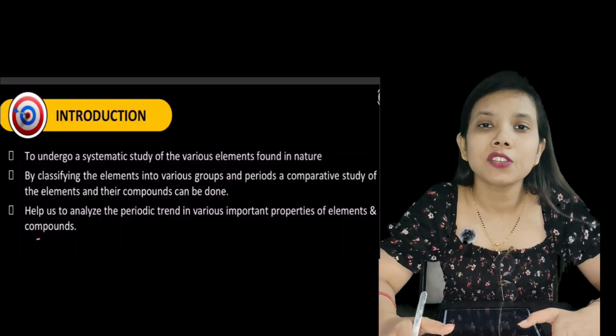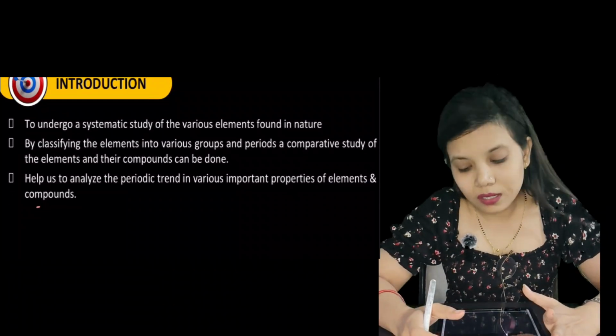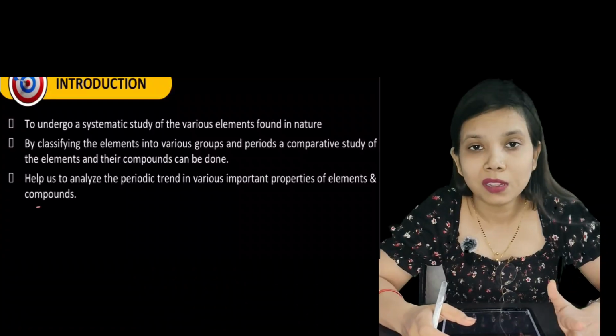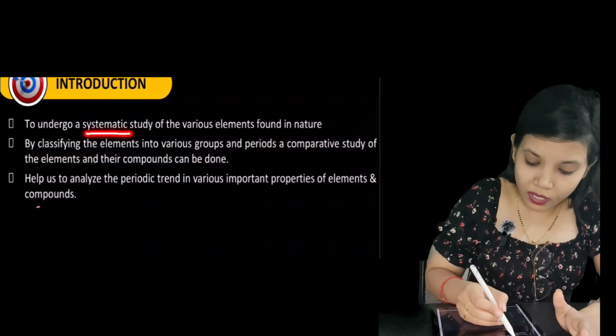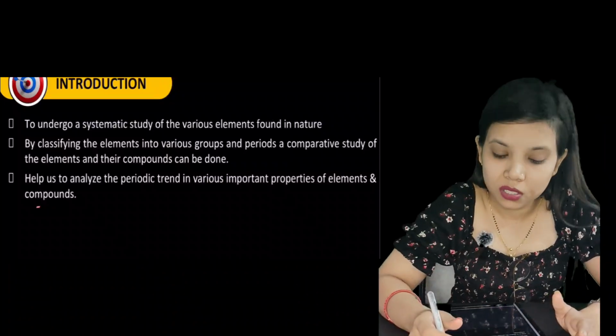In the same way, if we talk about the periodic table, why are we doing the classification? Basically, ताकि हम systematic study कर सकें जो भी elements हमें nature में मिलते हैं उनकी. So, first, to undergo a systematic study of various elements found in nature.